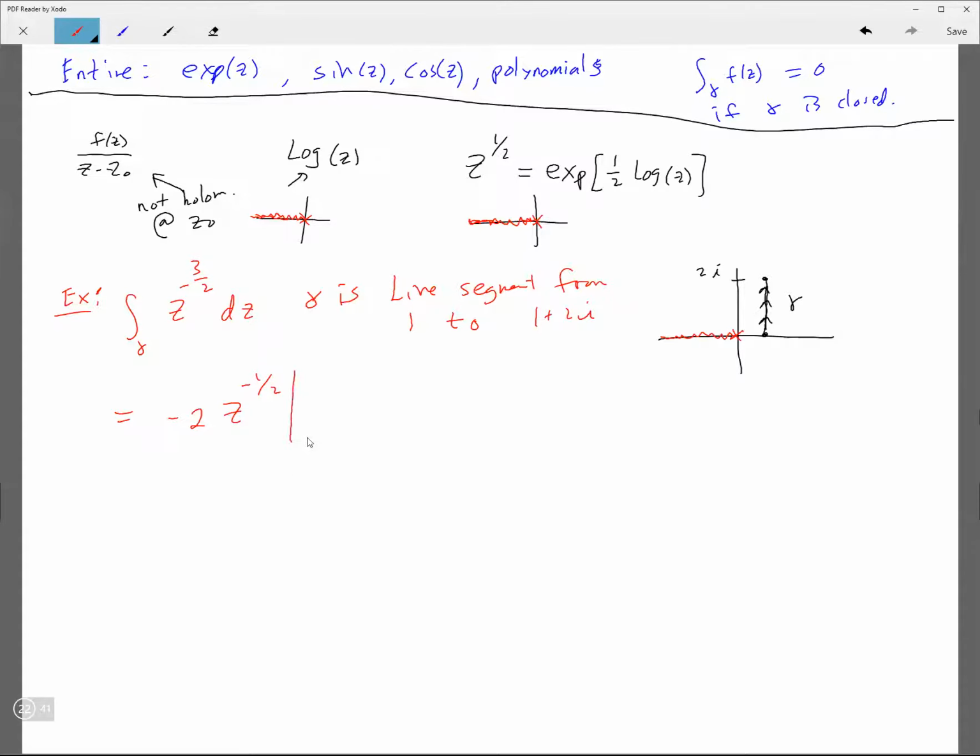And then you just evaluate from 1 to 1 plus 2i. It's going to be kind of hard to calculate this. What is it? 1 over 1 plus 2i to the 1/2, and then minus, putting a 1 in, you get +2. So you'd have to evaluate this, which is certainly doable, and probably just find the principal value of it.